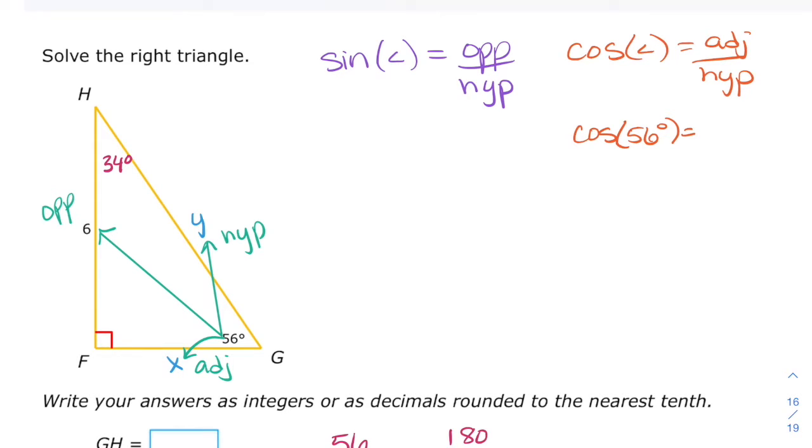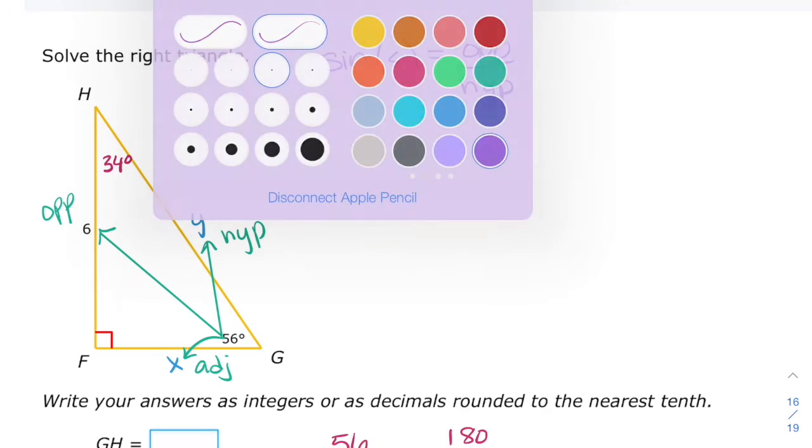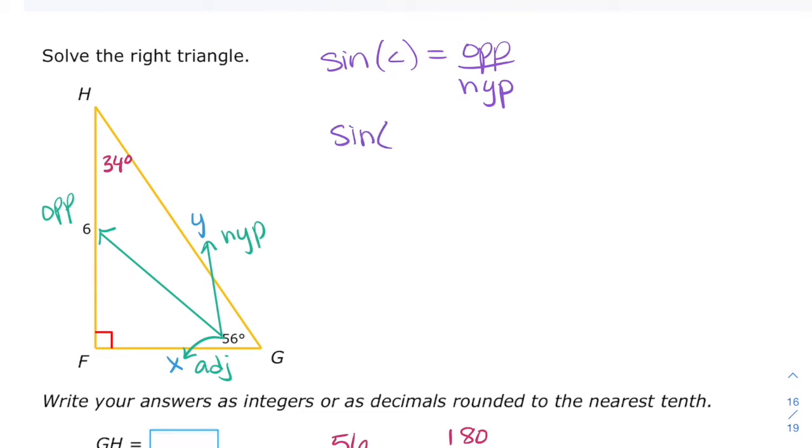I can use the sine function, but I can't use the cosine function. I made a mistake. Let me set up the sine function for you and show you why. So the sine of 56 degrees equals the opposite, which is 6, over the hypotenuse, which is y. So I need to use the 6 twice. So in the other case, I'm going to have to say the tangent of my angle equals opposite over adjacent.